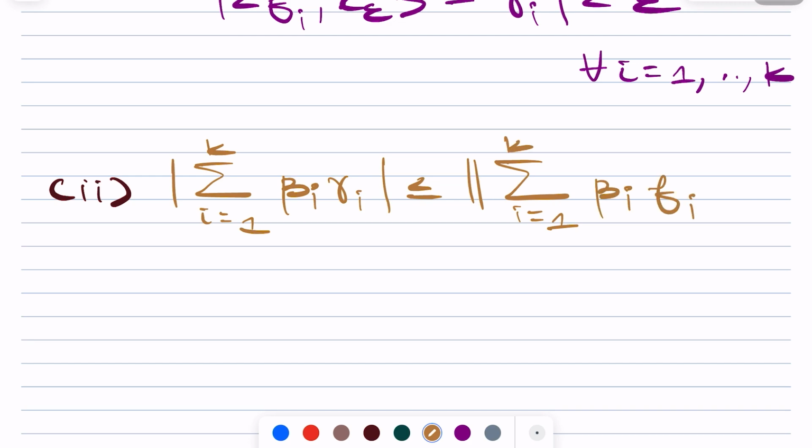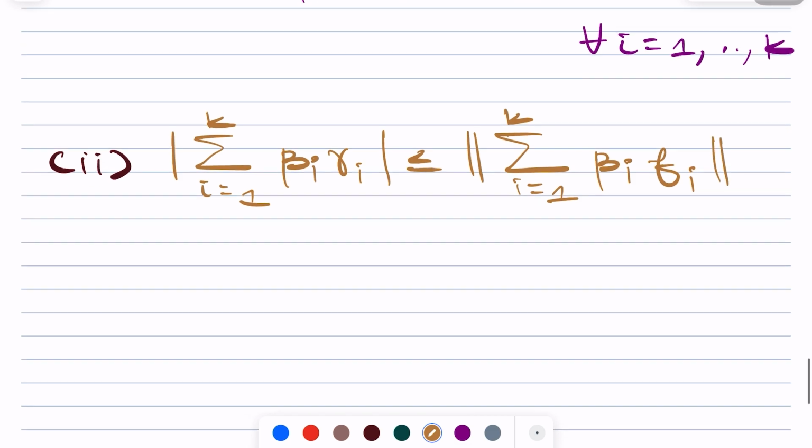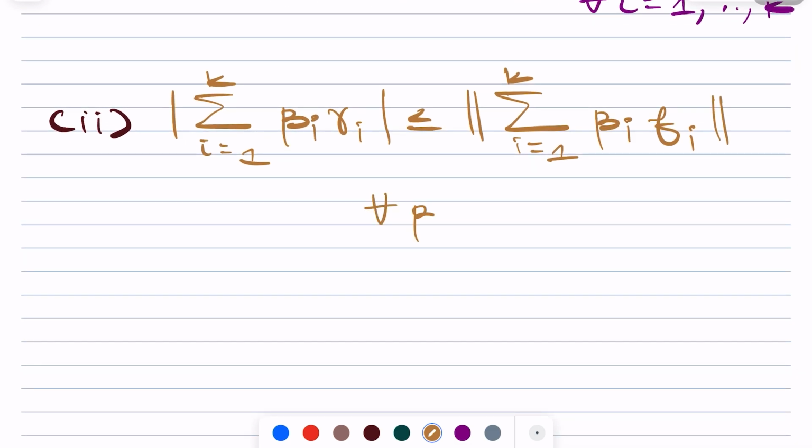So this is the operator norm, of course, and this holds for every beta 1, up to beta k in R. Okay, so let's prove this. Proof.